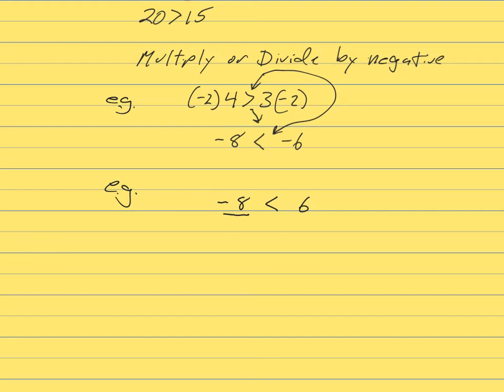So negative 8 divided by negative 2, 6 divided by negative 2. Negative over a negative is a positive. I get a 4 here, and on the other side, I end up getting a negative 3. Again, similar to multiplying by a negative, division by a negative also requires us to switch the sign from, in this case, less than to greater than.